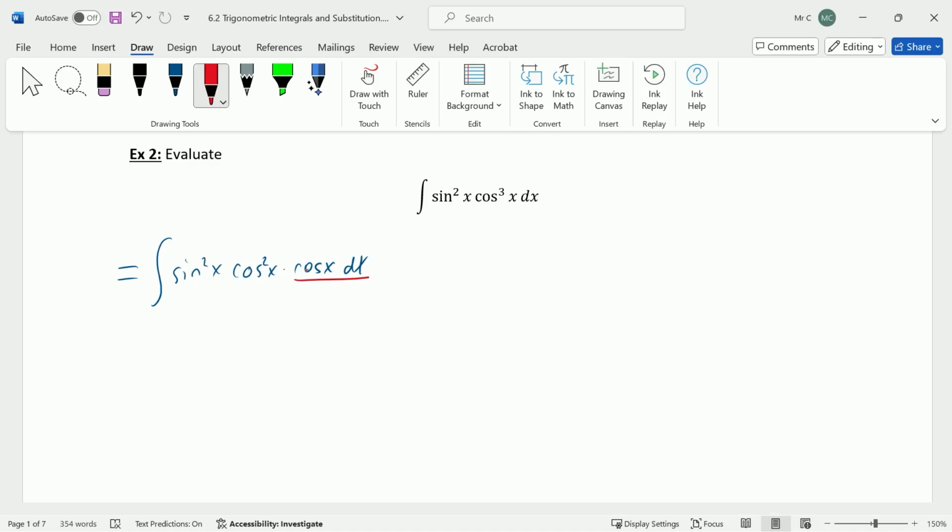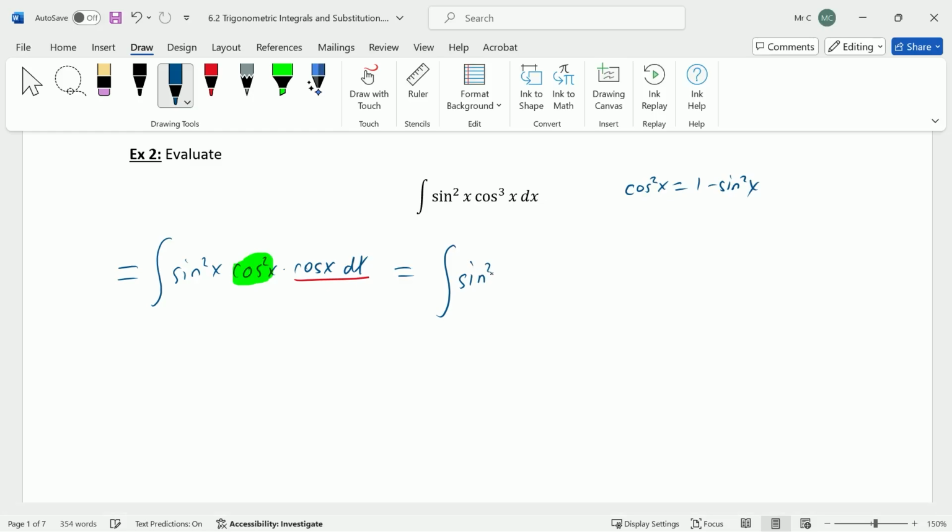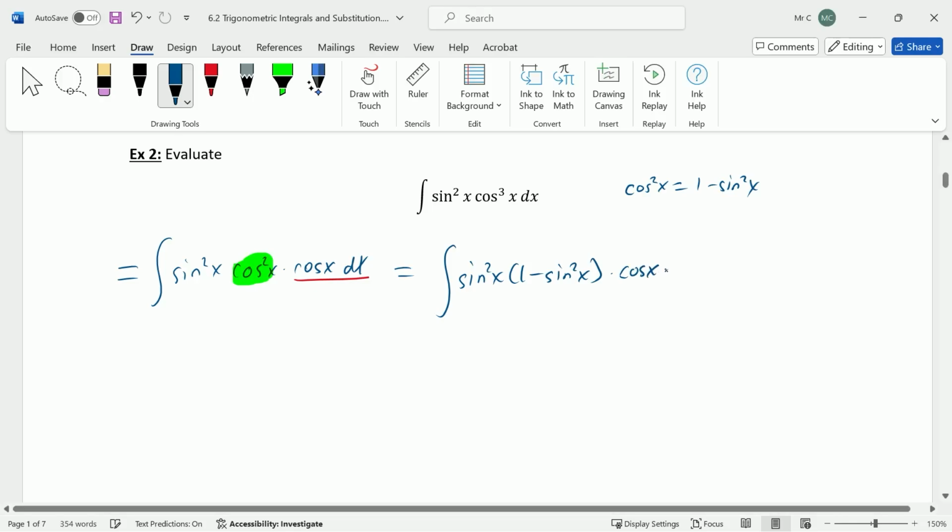So that means u is going to need to be sine of x. So I need to replace the cosine squared of x. And of course, we know that cosine squared of x is 1 minus sine squared of x. So we're going to use that Pythagorean identity and rewrite this as sine squared of x times 1 minus sine squared of x times cosine of x dx.